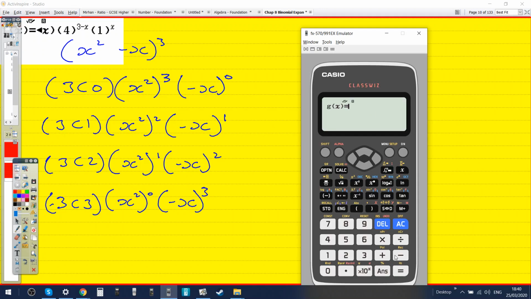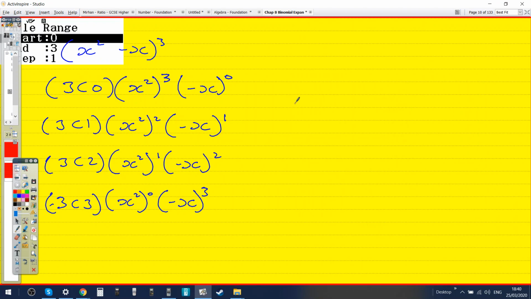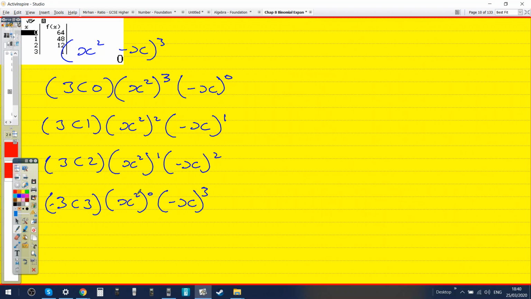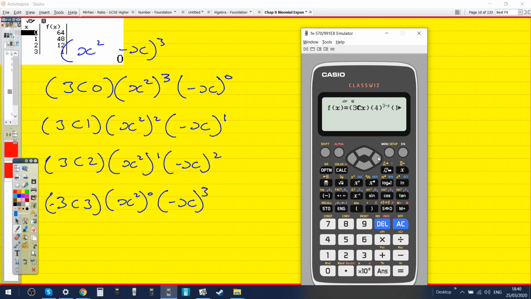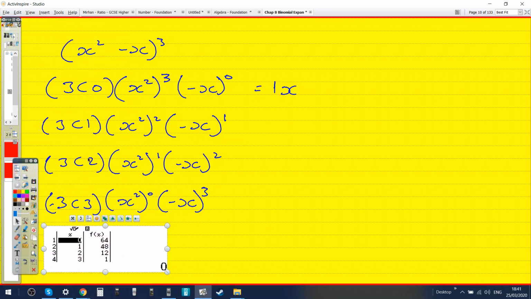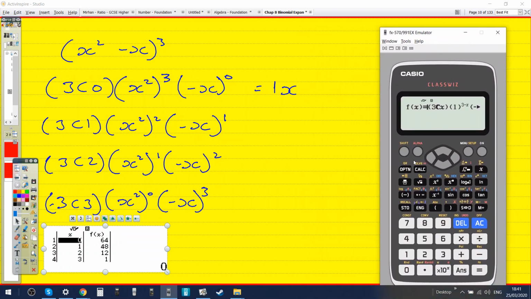So, oh no. First one, I got 1 x. Okay. So that'll be 1, and it'll be x to the what? Do you have to do x squared cubed?